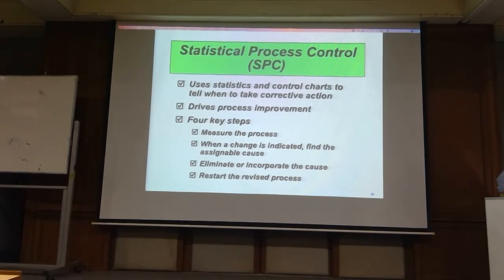The variation that does not come from nature, we call assignable variation or assignable cause. We try to eliminate that assignable cause. Assignable cause or assignable variation comes from mistakes from the workforce, mistakes from the procedure, wrong or not calibrated or incorrectly set up machines, or sometimes from machine breakdown.